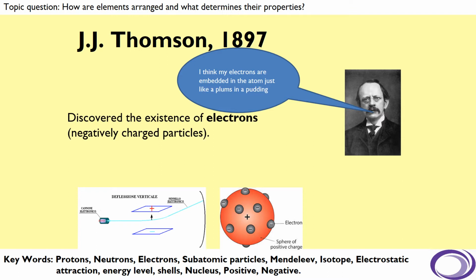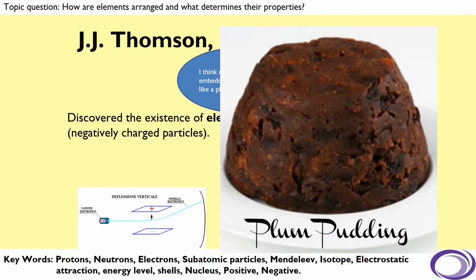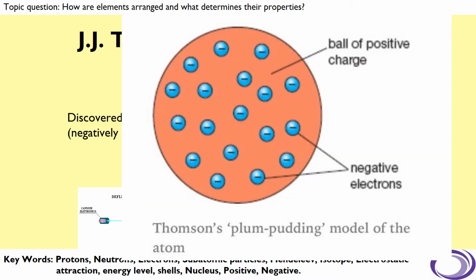He said it would be like the plums in a pudding. So essentially a little bit like these currants in this Christmas pudding, they would be the electrons in this case, and they are embedded throughout the atom. So here's a larger diagram for you to see that: negative electrons embedded in a ball of positive charge.